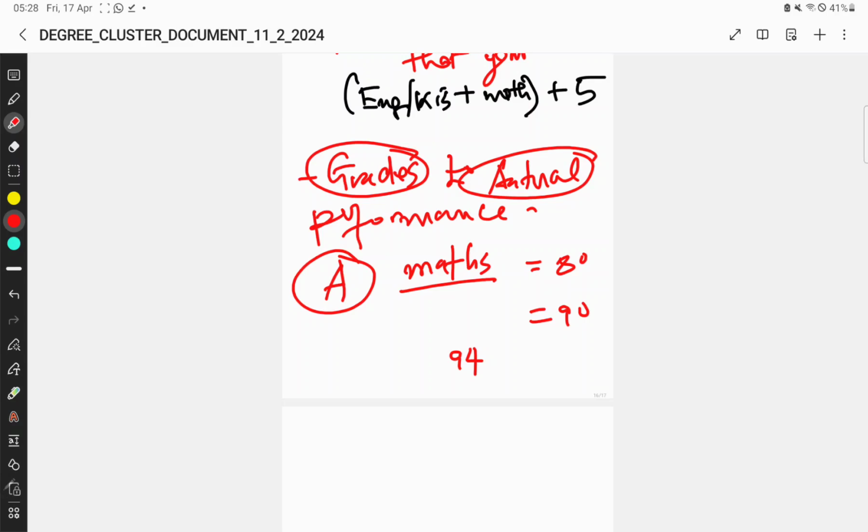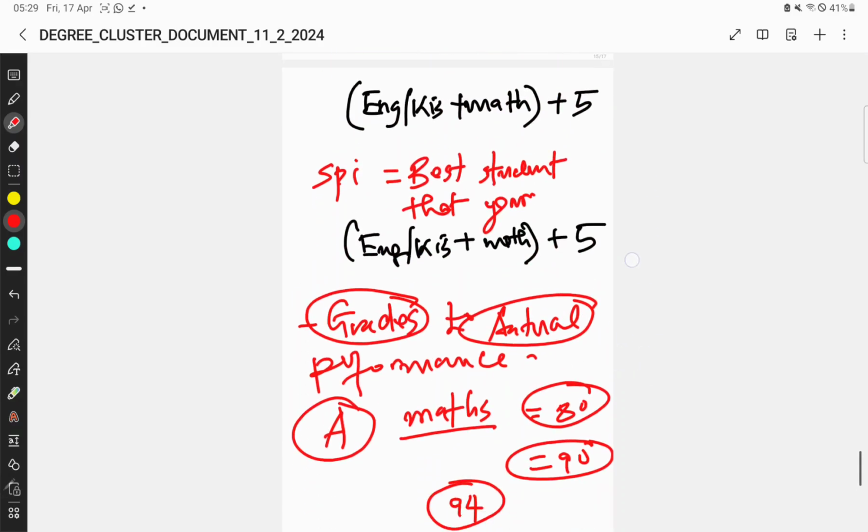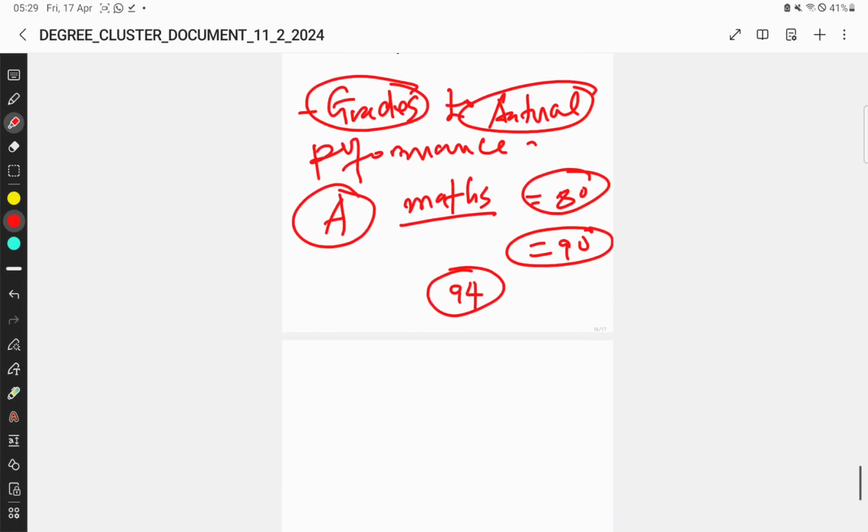It means that the weight that will be generated for the student who has 90 will be greater than the student who has 80, because 90 is moving towards 94, and that means that it is moving towards 1. If it moves towards 1, when you multiply by 48, then it means that you are going to get greater cluster weight. So that is an important point that you need to keep in mind.